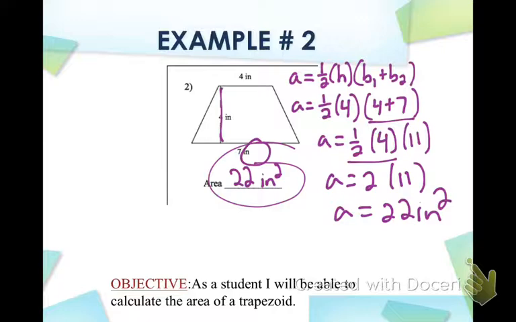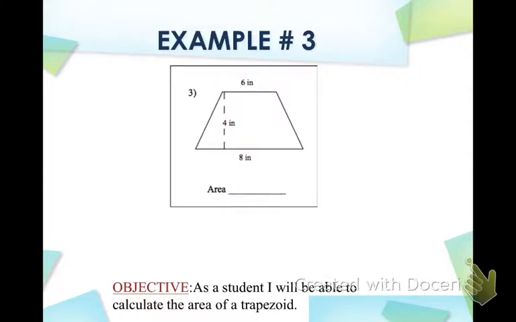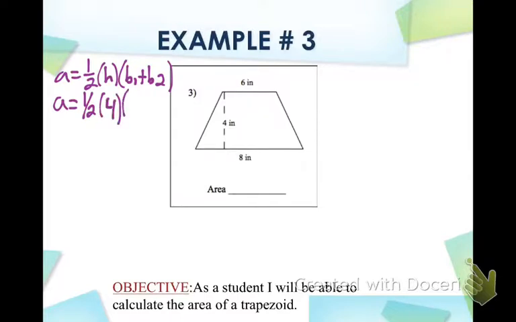Alright, example number 3. Here we go. We have area equals 1/2 times the height times, in parentheses, base 1 plus base 2. We're going to go ahead and plug in the numbers. Area equals 1/2 times our height, which in this one is 4, times base 1 plus base 2, which happens to be 6 plus 8.